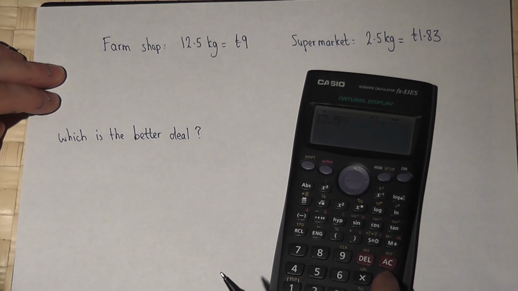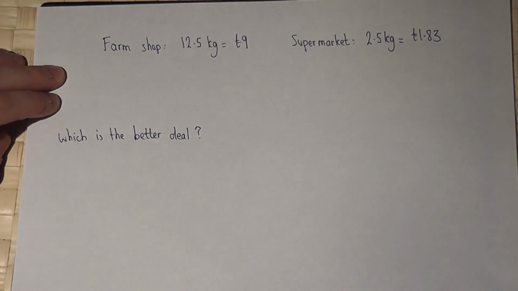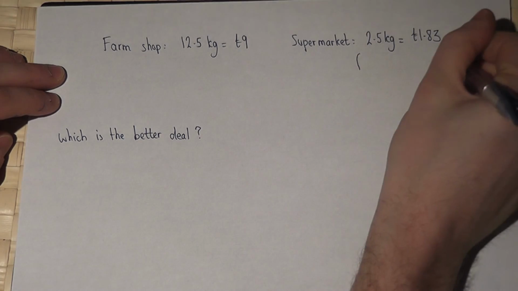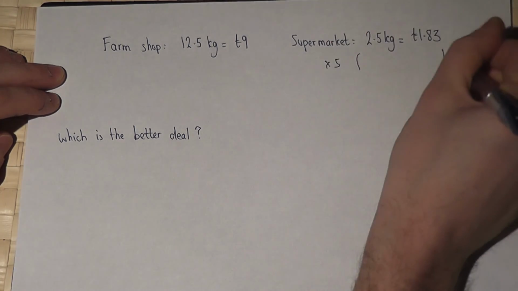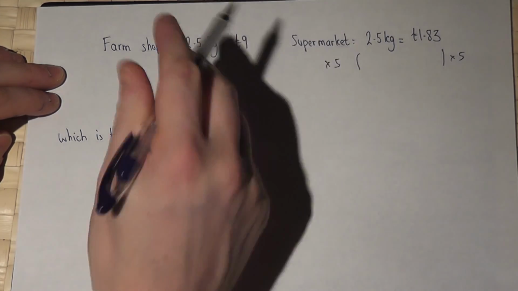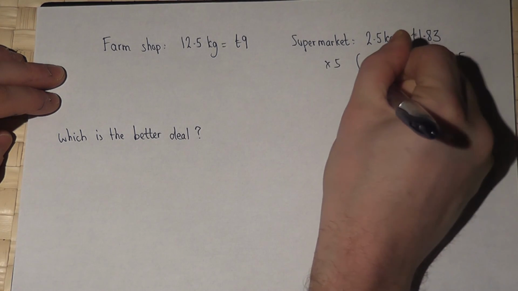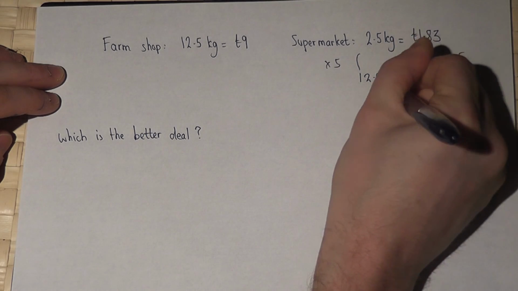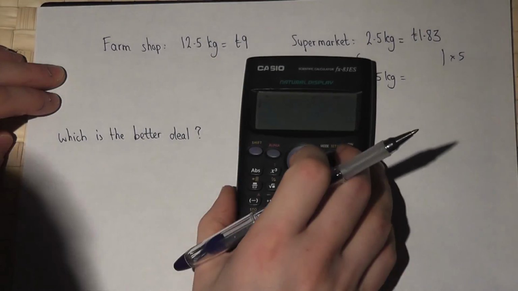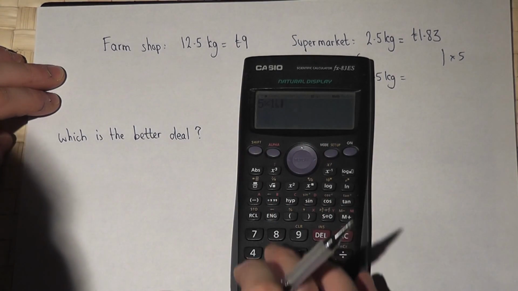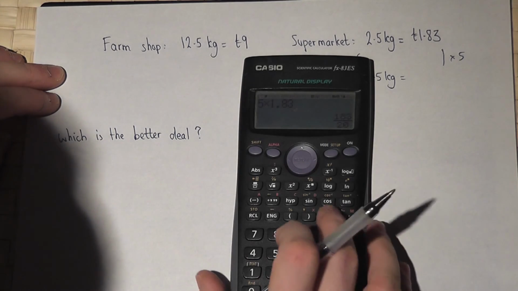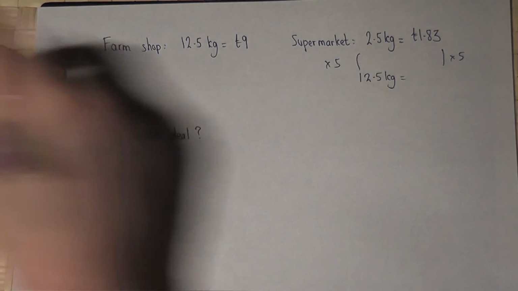Now then, if we work out 12.5 divided by 2.5, we get 5. So if I were to times this amount here by 5, I can compare like for like. So 5 lots of 2.5 is 12.5 kilograms. If I then work out what 5 lots of £1.83 is, it works out at £9.15.